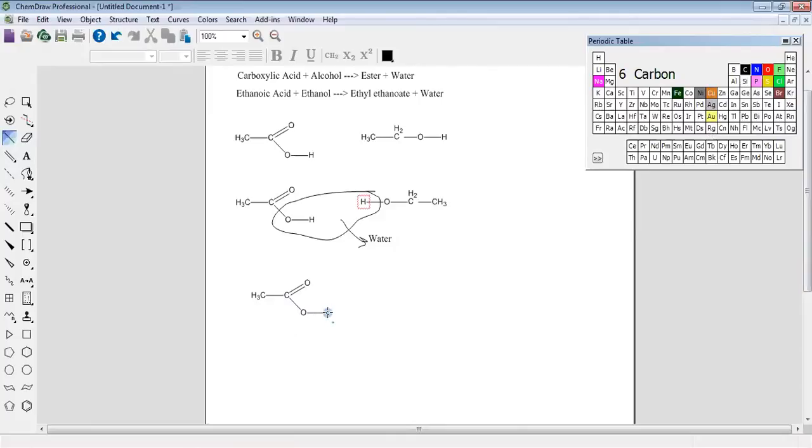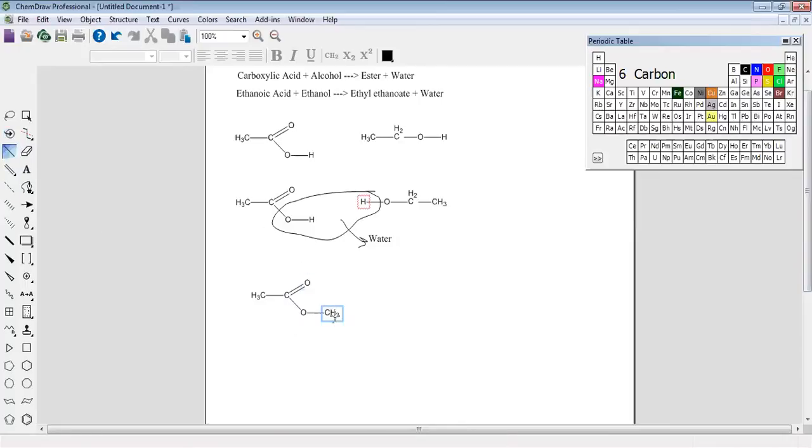The first one was CH2. And the other one was another carbon. That's about it. Clear? This is the structure of ethyl ethanol. This whole structure is actually ethyl ethanol.